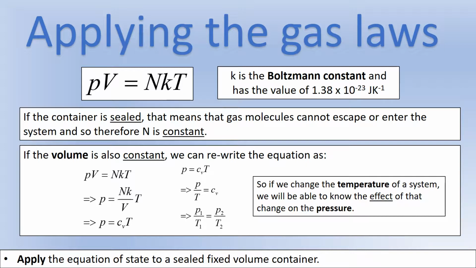So the form we often see it in is P1 over T1, the pressure to start with and the temperature to start with, must be equal to the pressure afterwards and the temperature afterwards. Essentially this allows us to look at the relationship between temperature and pressure if volume is constant and it's a sealed container. So let's actually use this for a question.